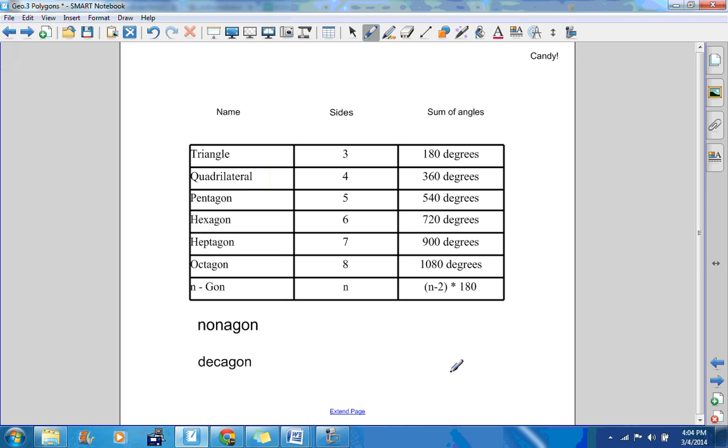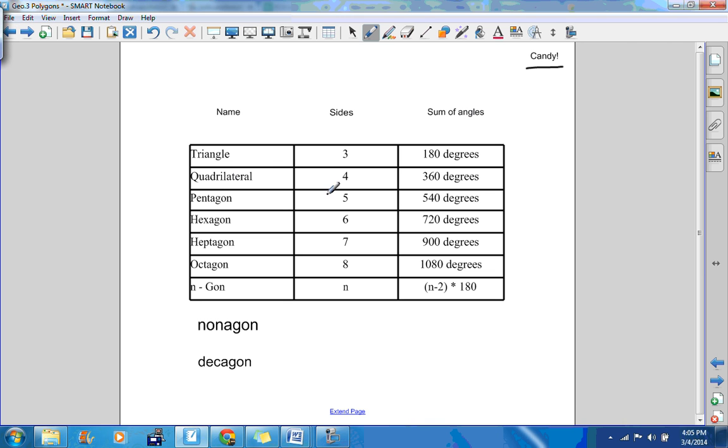This table right here is worth candy if you're able to get this table filled out and show it to me in class. This is the sum of all of the angles, and sum means add. So what all of the angles would add up to. A triangle by definition has 3 sides, and the angles add up to 180 degrees.